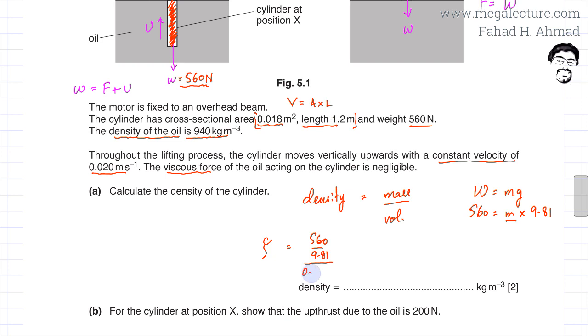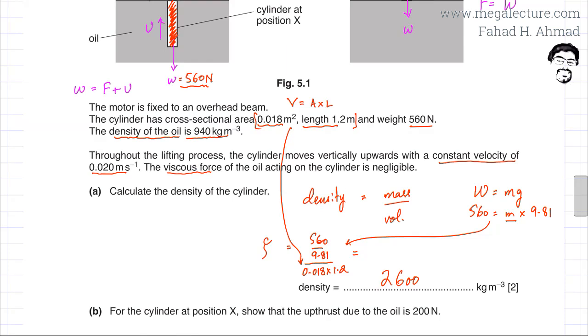It's going to be 0.018 multiplied by 1.2 meters. The mass came from the W is equal to mg equation. The length and cross-sectional area gave me volume, so density is equal to mass over volume. And my answer for this is going to come out to be equal to 2600 kilogram per meter cubed.